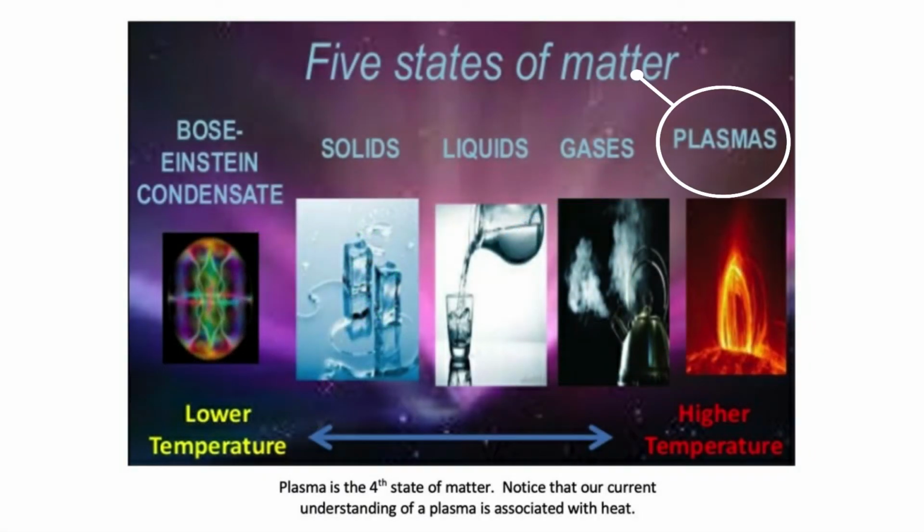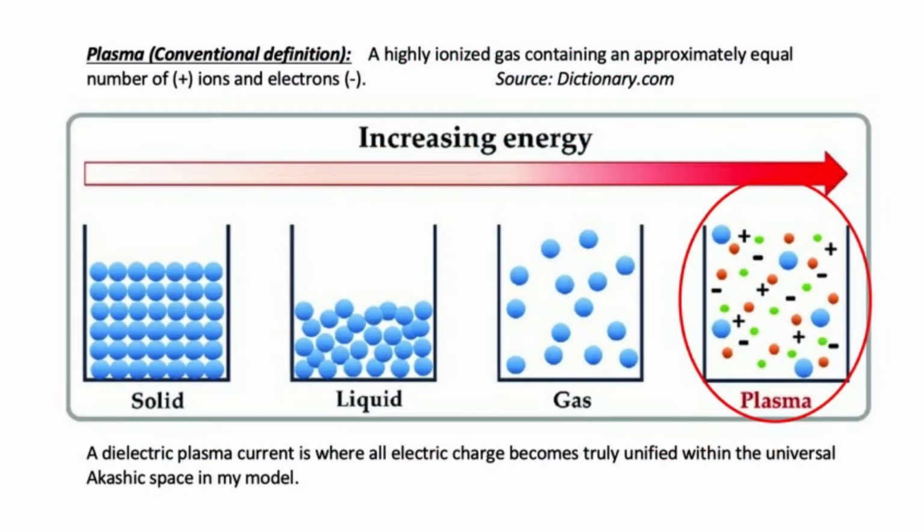If you look at what we know in science today about a plasma, it's associated with heat energy. It's a hot plasma type of gas that we've been experimenting with in science today. And anything associated with heat like that, we have to associate a level of chaos. So this ionic type of plasma gas that we've been dealing with is very chaotic in nature. There's a lack of organized content within it, at least that we haven't been able to find yet.